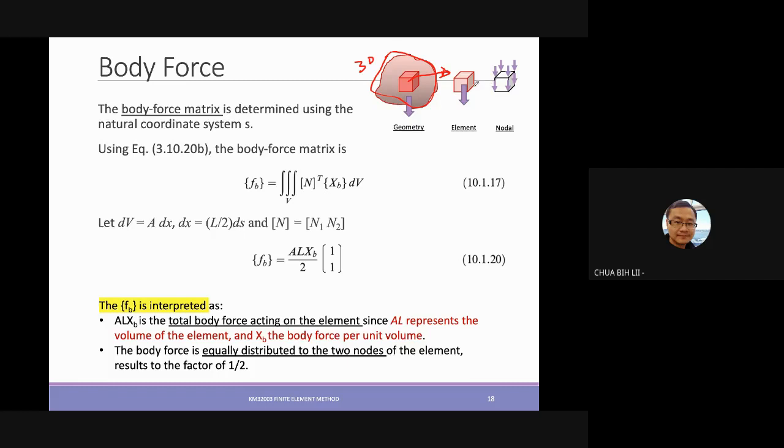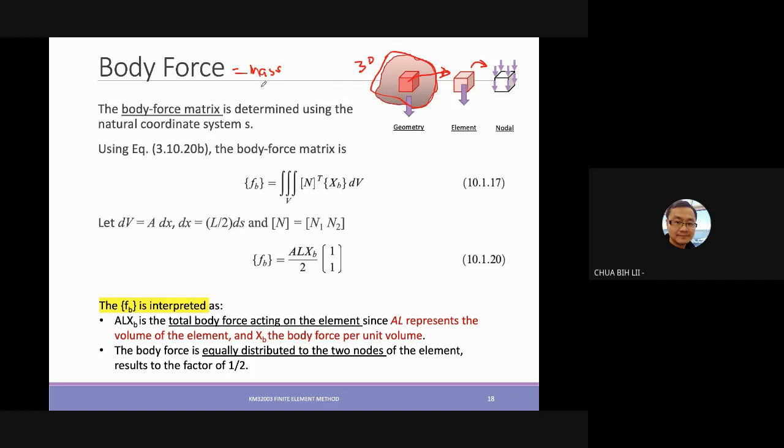In this element, it has a body force. This body force may be in the form of mass, which creates the force in the gravitational direction. So when we transform into the formulations of FEA, we have to transform this particular force into the so-called nodes that form the element itself. So this is the idea for a three-dimensional body force.